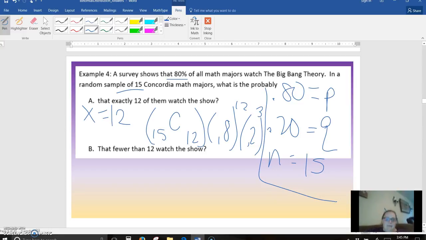I'm going to type that in my calculator. 15, go to math, down to probability, C, 12, parentheses, open another parentheses, 0.8 to the 12, 0.2 to the 3.